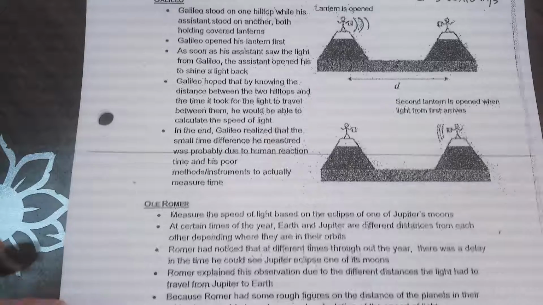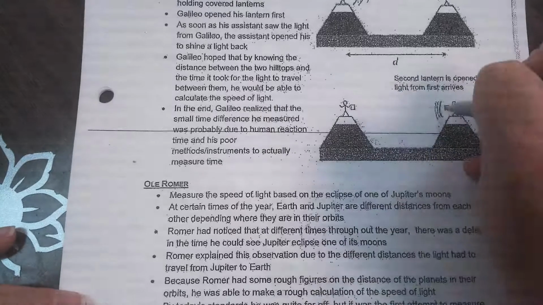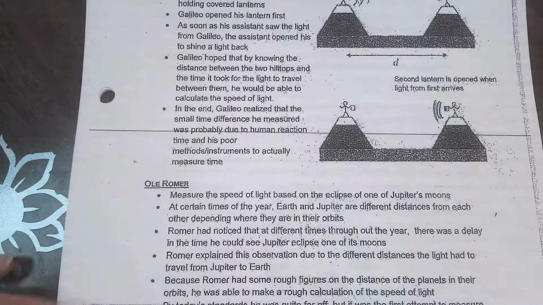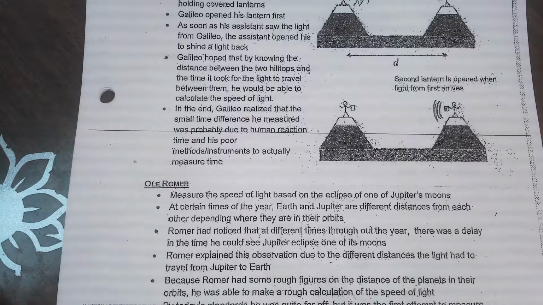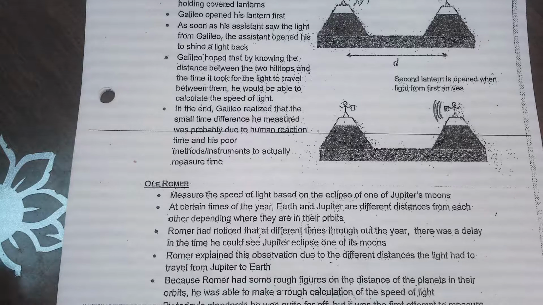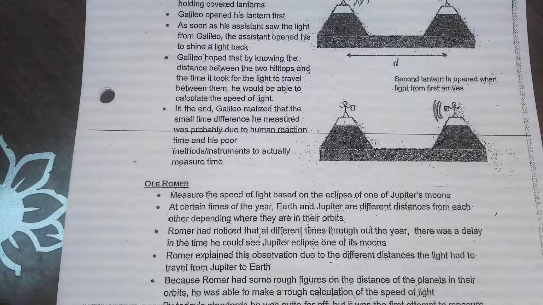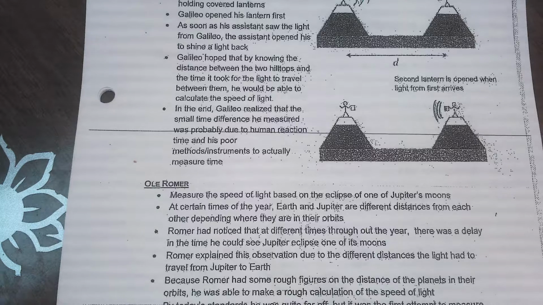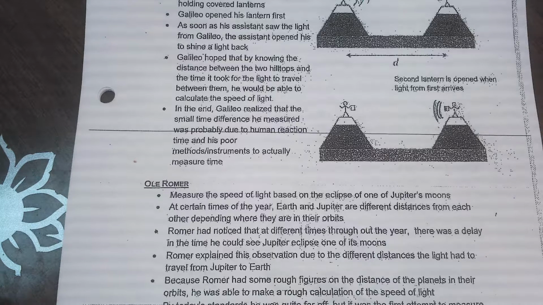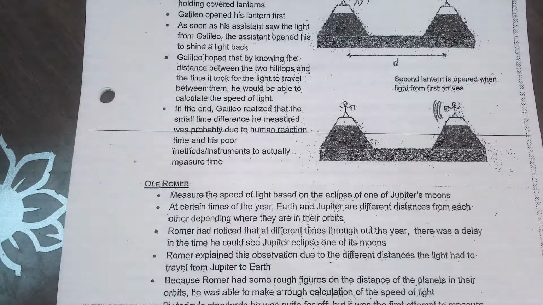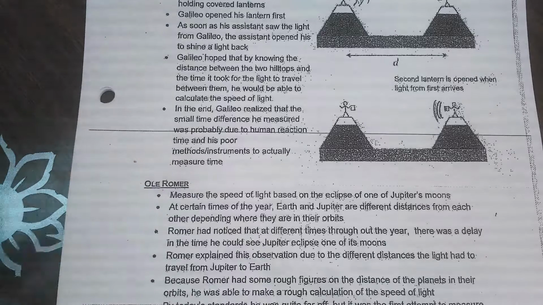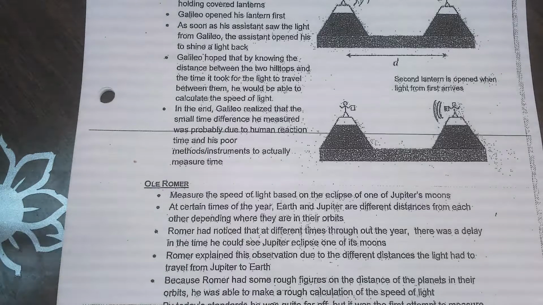What he realized, though, is that there are too many human error pieces in there. It's a small time frame and an incredibly large distance, and it relies too much on human response, which is delayed because it takes time for our brain to see the light, to tell ourselves to cover the light, and to flash it back.